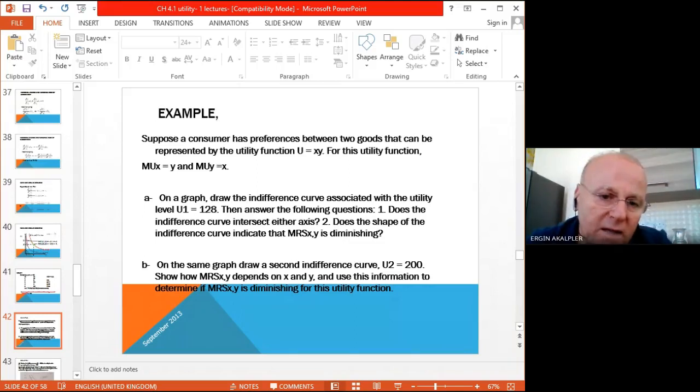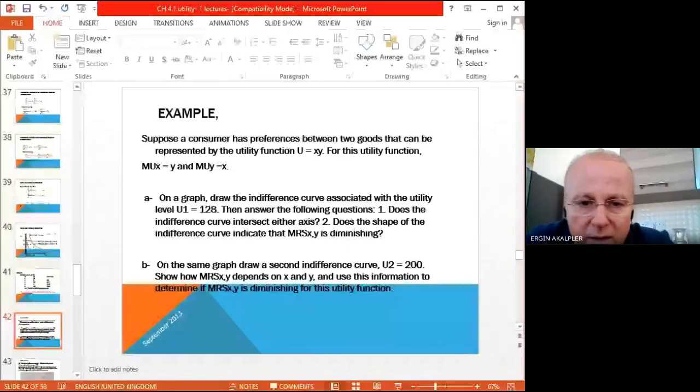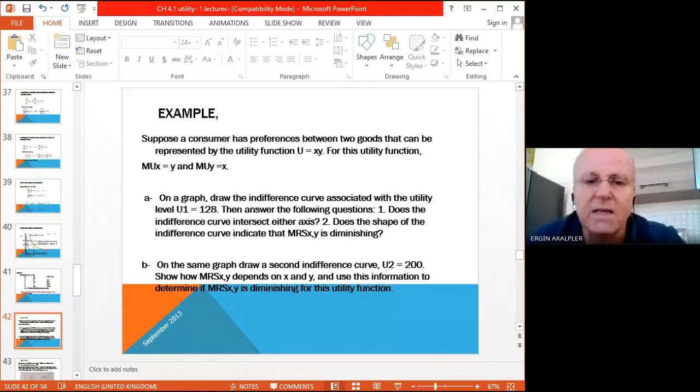Therefore, delta u over delta y is x, because the power becomes x to the 1 minus 1, which is equal to 1. And the marginal utility of x is equal to y, because when you reduce x by 1 in the derivation, x to the power 1 minus 1 is again 1. Then we have the marginal utility of x equal to y, and the marginal utility of y equal to x.